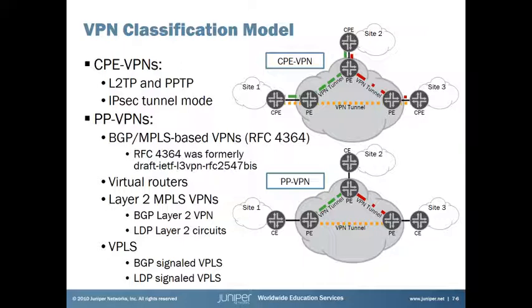How does IPsec work? How do we set up an IPsec VPN? What are the components that are involved in setting this up? First of all, we've got a couple of sites, one or more sites that you need connectivity between.